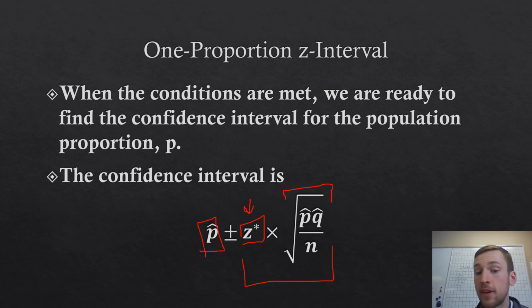And then we just have to take that times our standard error, which is the square root of p hat, the same thing as what we saw over here, so that 38%, times q hat, or 1 minus p hat, in our case that would be 62%, divided by n. So by taking that p hat value plus or minus our margin of error, we come up with an interval of values that we think our true proportion is within.